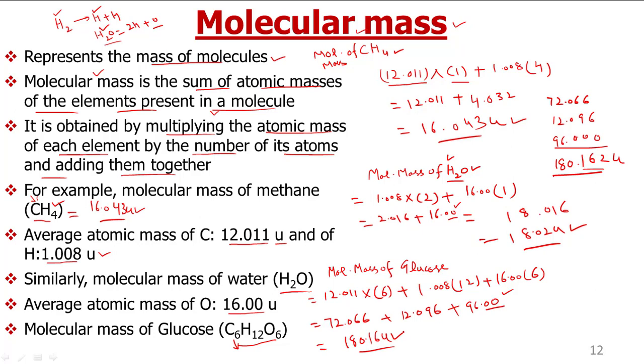So far we know that for an atom we use the term atomic mass, and for molecule we use the term molecular mass. And molecular mass is calculated by summation of atomic masses multiplied by the number of atoms present in the molecule.